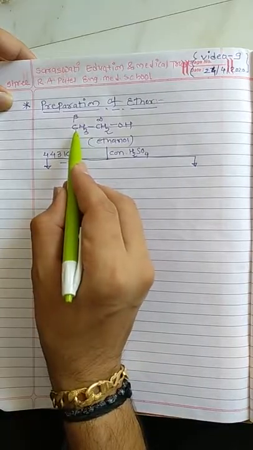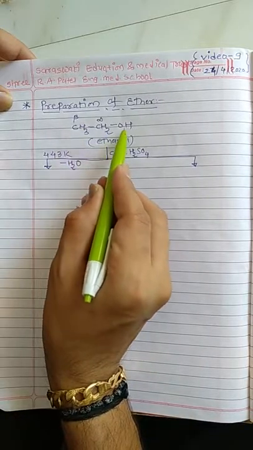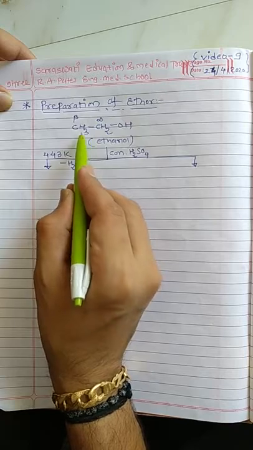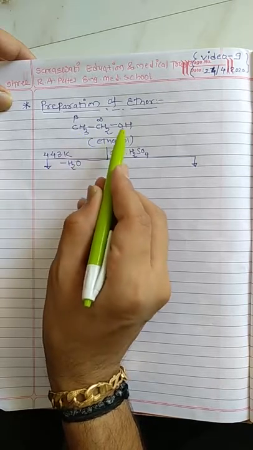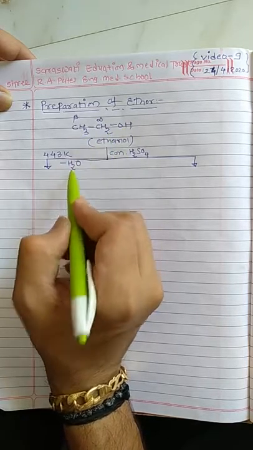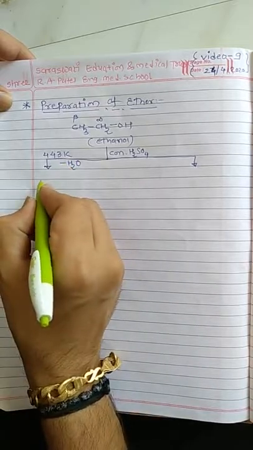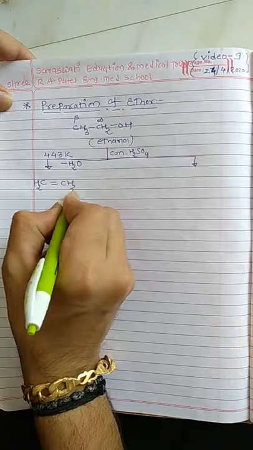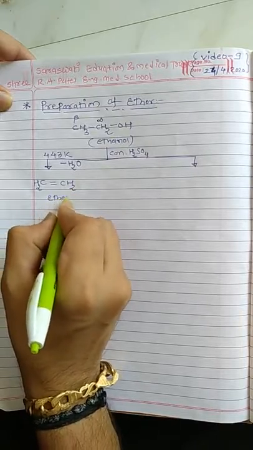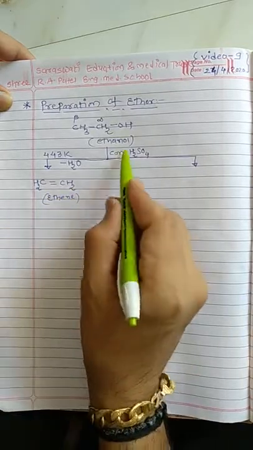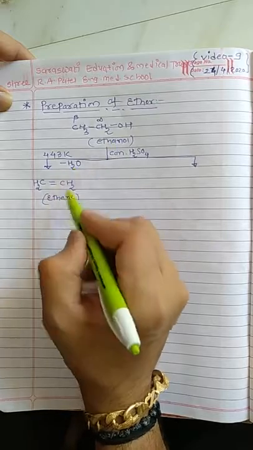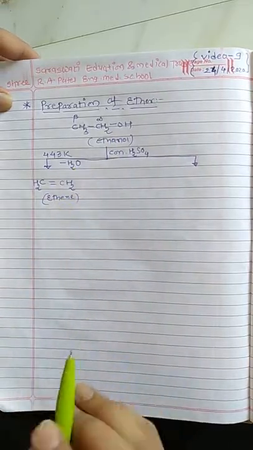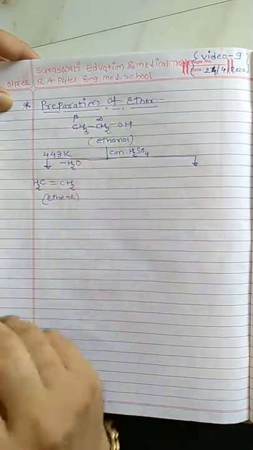The beta carbon donates hydrogen and the alpha carbon donates the OH group. So overall H from beta and OH from alpha are removed in the form of water. We get a double bonded compound, an alkene. This is ethene. So with loss of water, ethanol will give ethene, but we have to prepare ether.